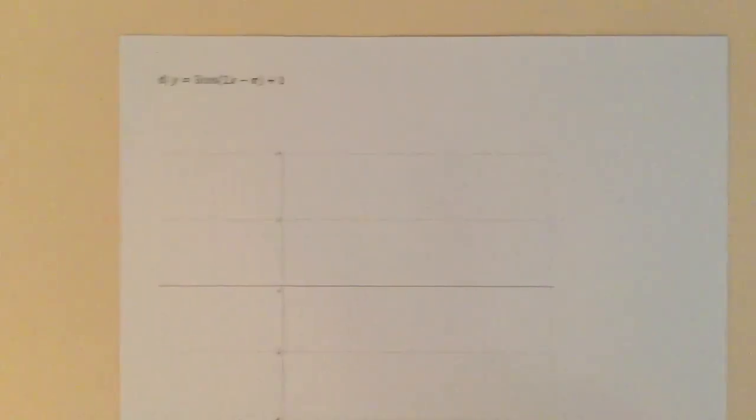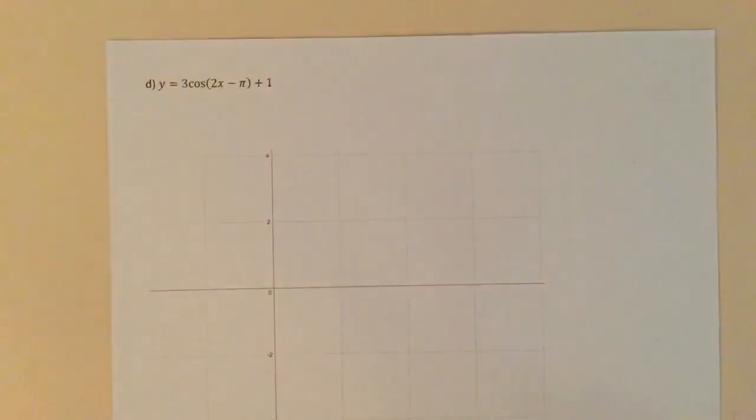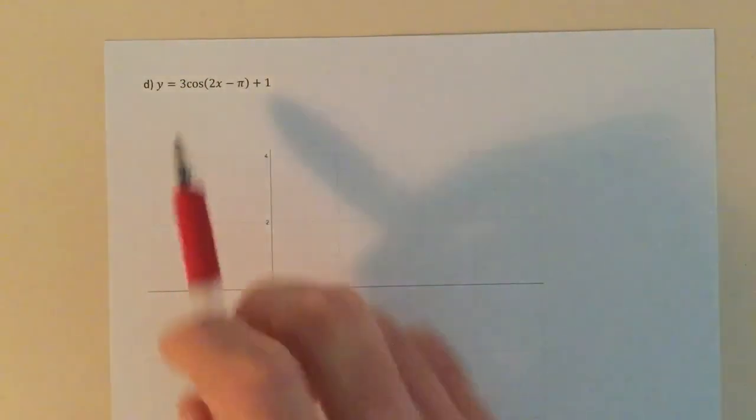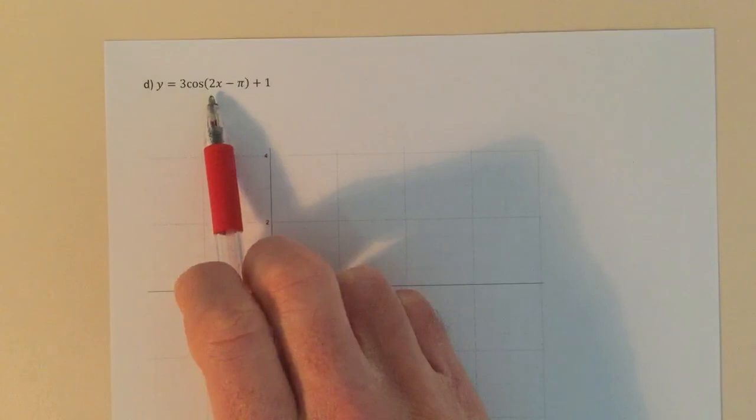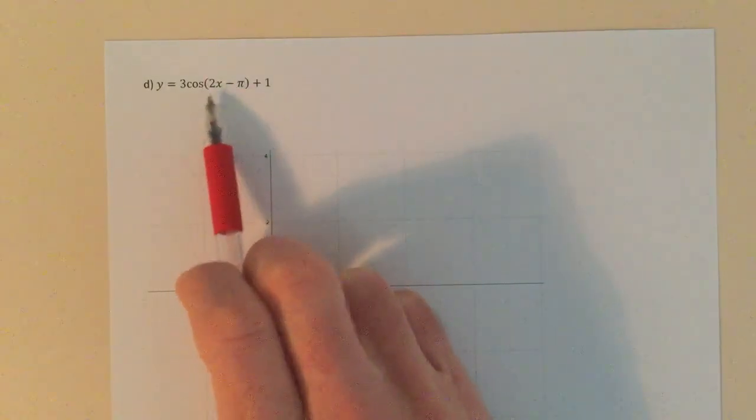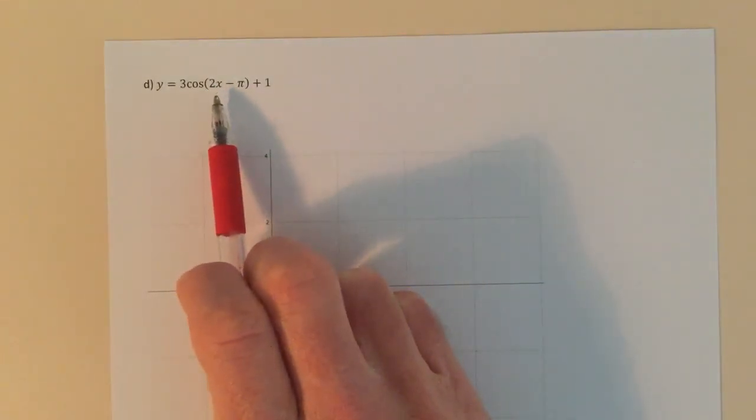All right, another one to have a look at, and this one's got a little bit more going on. So firstly, it's a cosine graph, but one of the important things we need to look at is that this equation does not have x with a coefficient of 1. At the moment, the coefficient of x is 2.